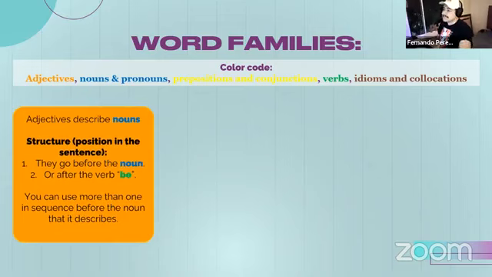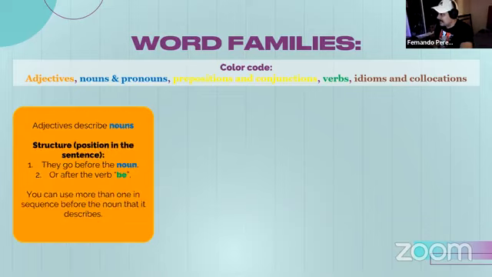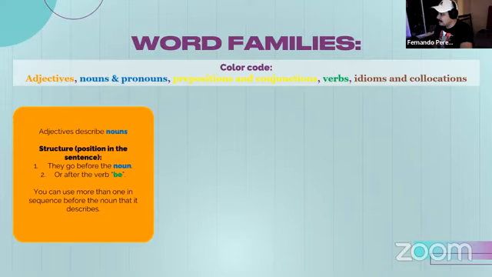As an example, we have the black small cat. We have two adjectives together describing the cat. And this is what we catalog as a characteristic of adjectives.